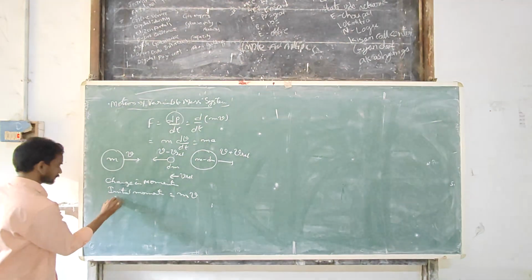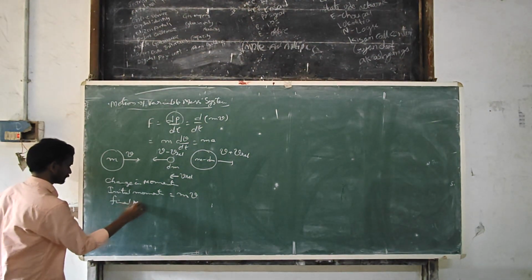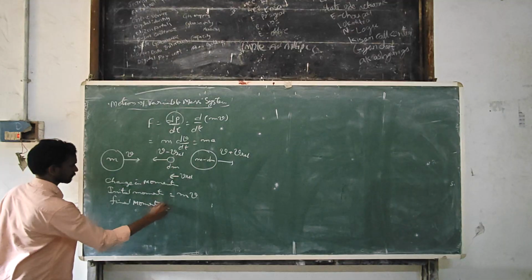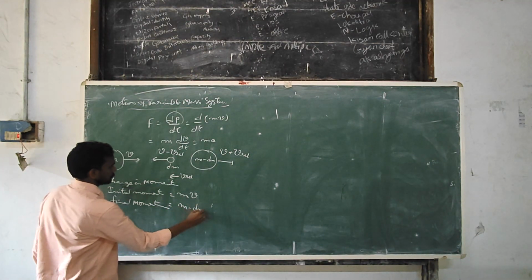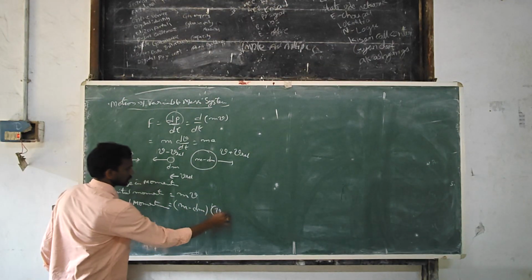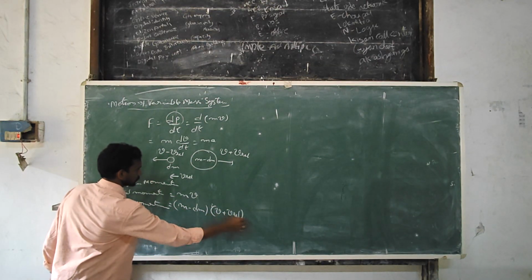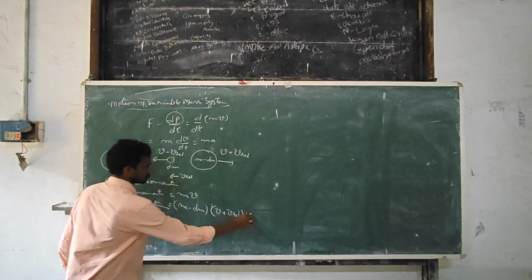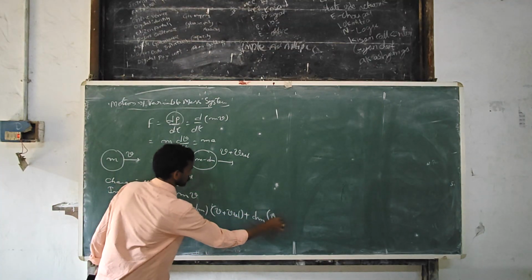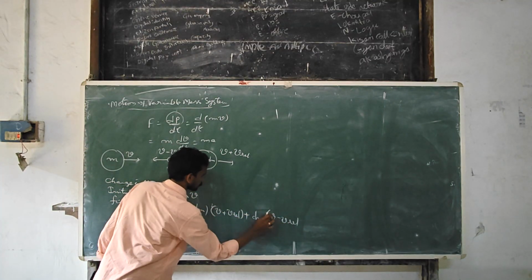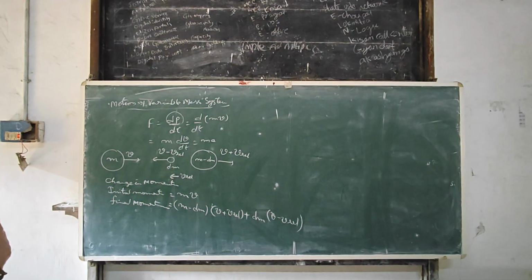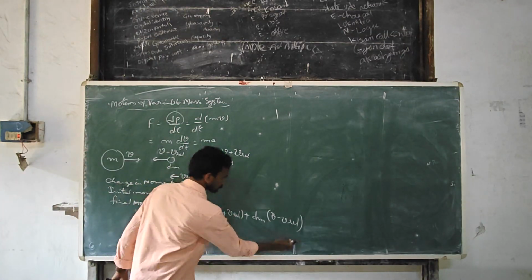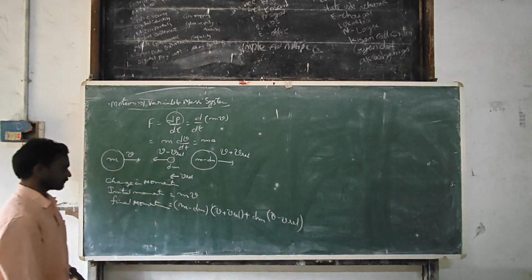Final momentum is mass into velocity. What do you get if we simplify this?